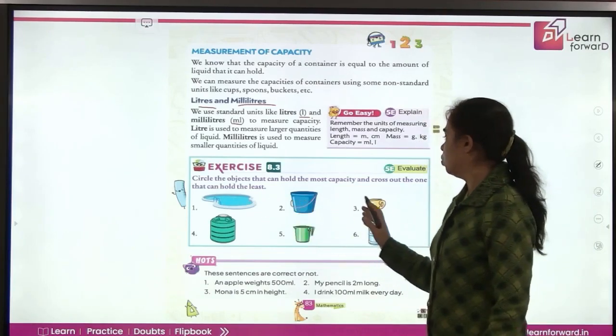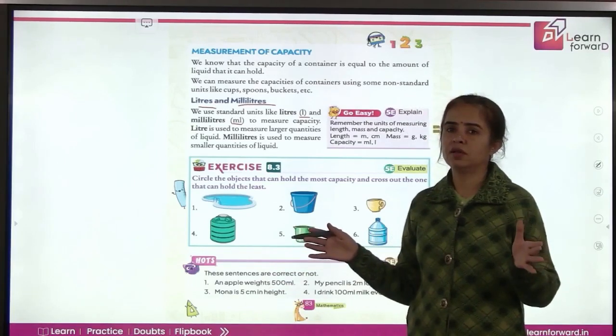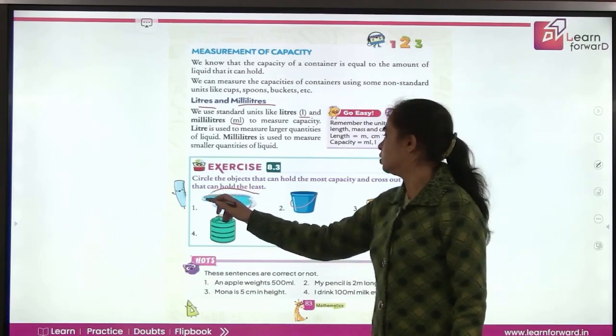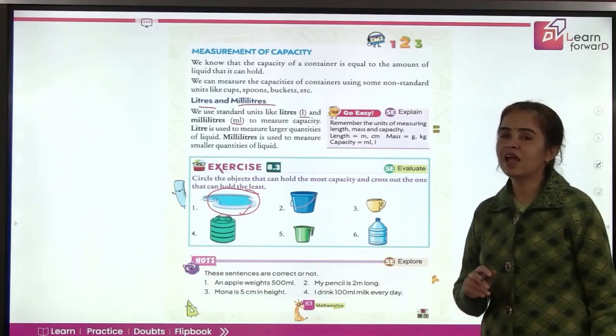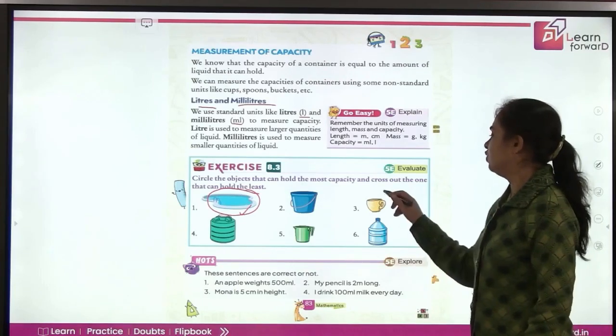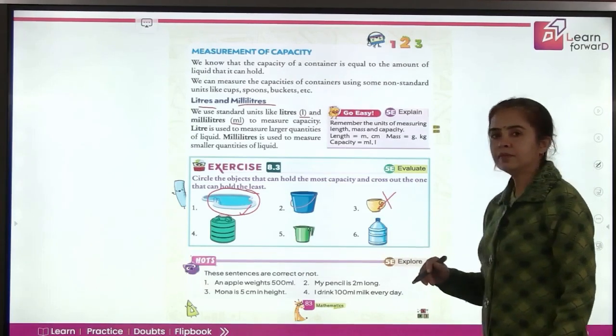Which can hold the maximum, the most of liquid here, water here? Of course, the swimming pool. So, you are going to circle it and you have to cross out the one that you think will have the least, the smallest amount of liquid. Definitely, this cup will have the smallest amount of liquid.